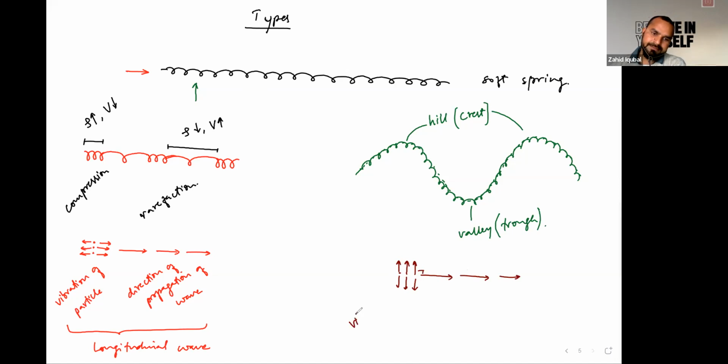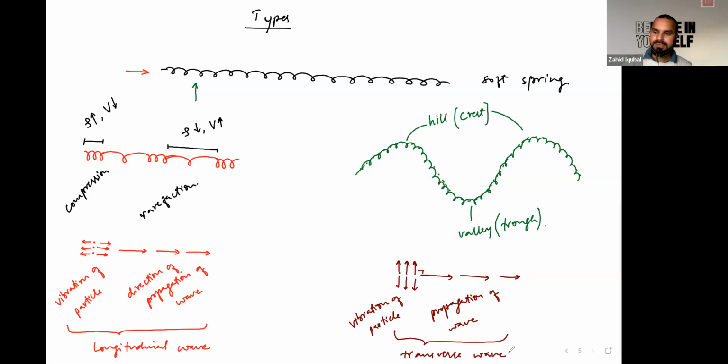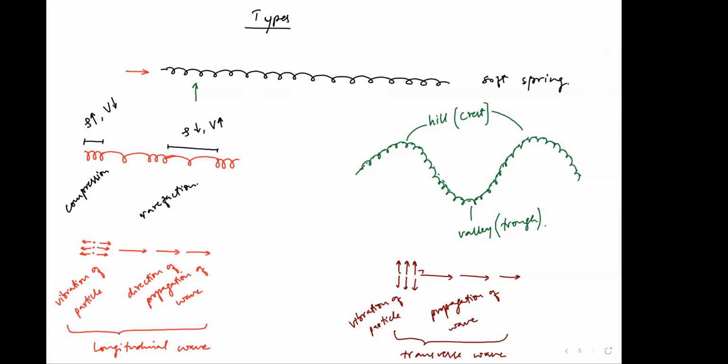This is vibration of particle, and this is propagation of wave. Both are perpendicular to each other, so it is called transverse wave. Salman, any doubt? No, sir. Okay, just write it down.